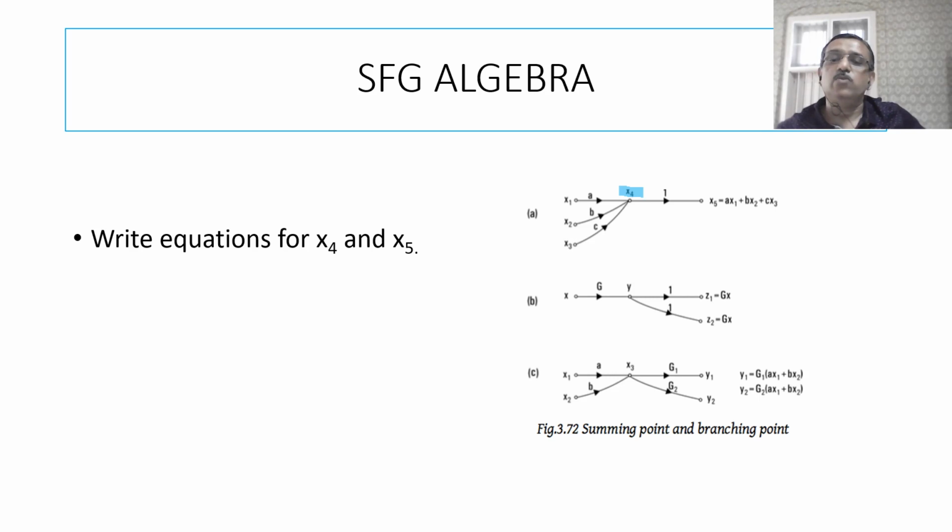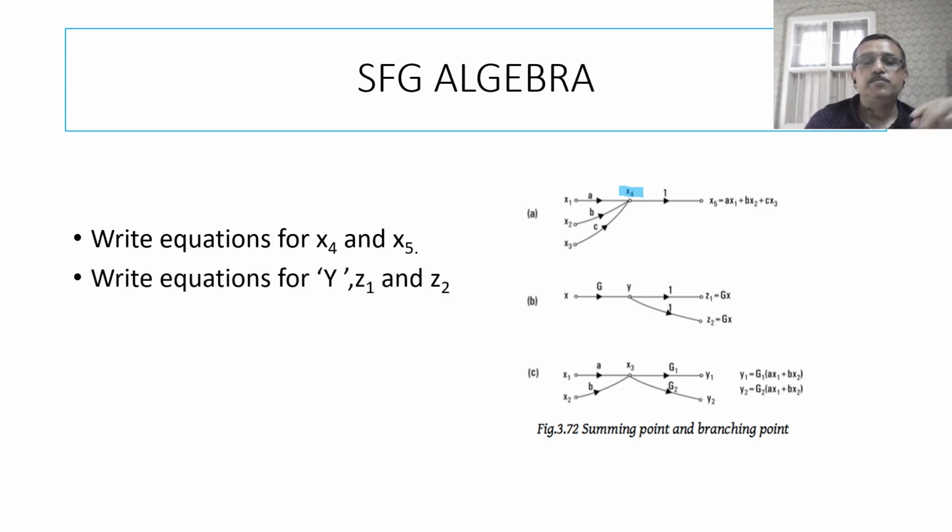Signal x1 will get multiplied by A, signal x2 will get multiplied by B, and signal x3 will get multiplied by C. So what will be the signal at x4? It will be Ax1 plus Bx2 plus Cx3. So here it is written, x5 is Ax1 plus Bx2 plus Cx3. Why does nothing happen over here? Because the gain is 1.